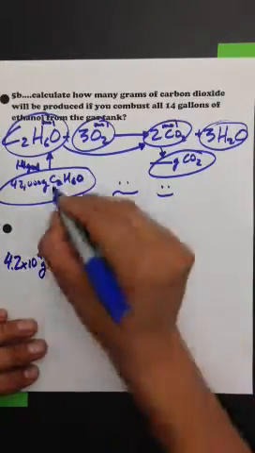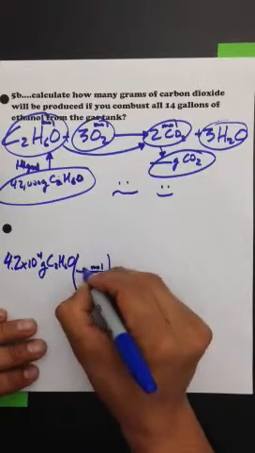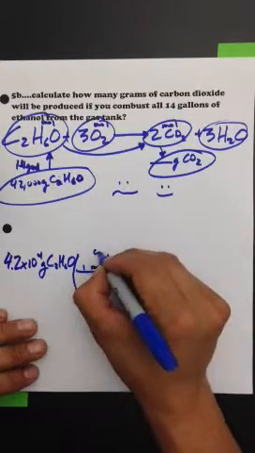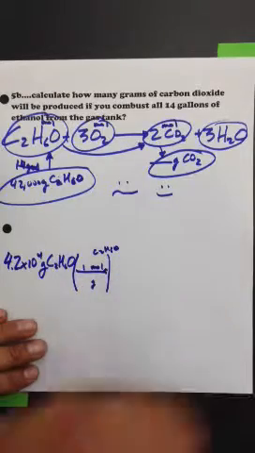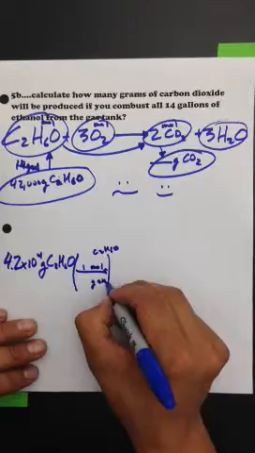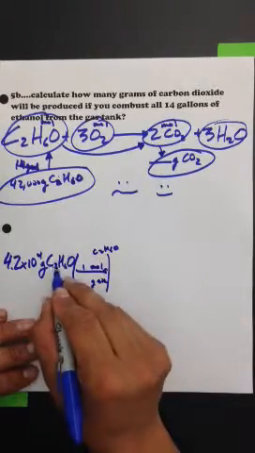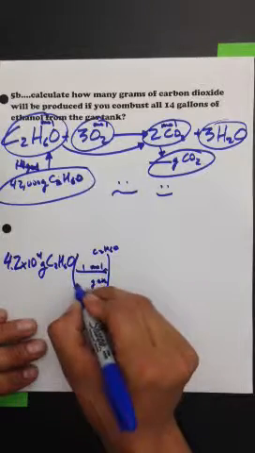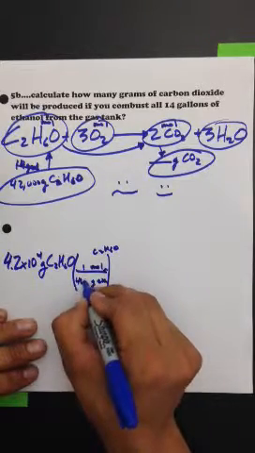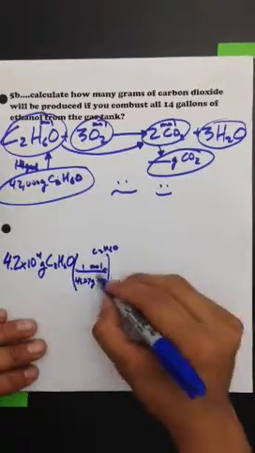First we're going to go from grams to moles of C2H6O. I'm just going to call it ethanol, ETH. If you do the math of adding the 2 carbons, the 6 hydrogens, and the 1 oxygen, you get something like 46.07 grams of ethanol per every 1 mole.